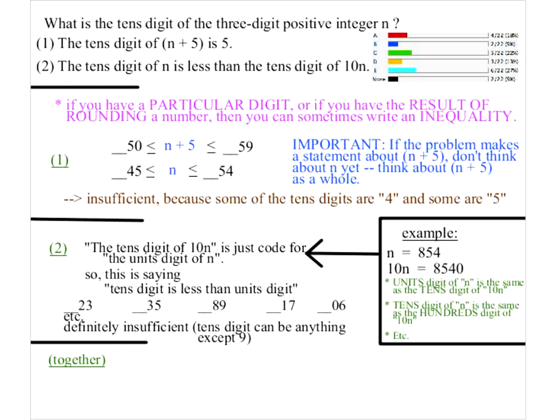The only really feasible way to do this is just make a list of all the possibilities. If there's anybody out there in the audience who absolutely depends on algebra for all of their sustenance, you guys are not going to like this. But really the only way to do this is just to make a list. So from statement 1, you have these possibilities.